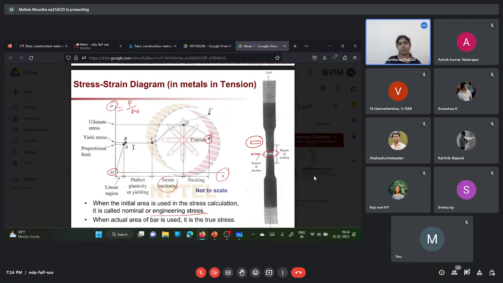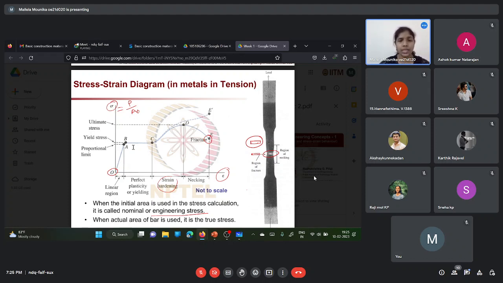If you see from this graph, this is the first zone. The first zone is known as the linear zone. Linear zone is nothing but the strain is proportional to the stress which is applied on the particular material. The amount of stress and strain are proportional here.